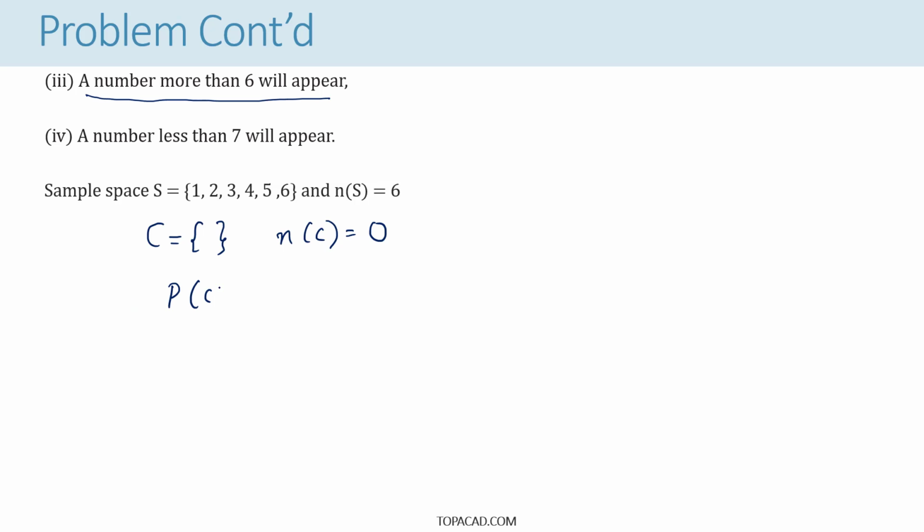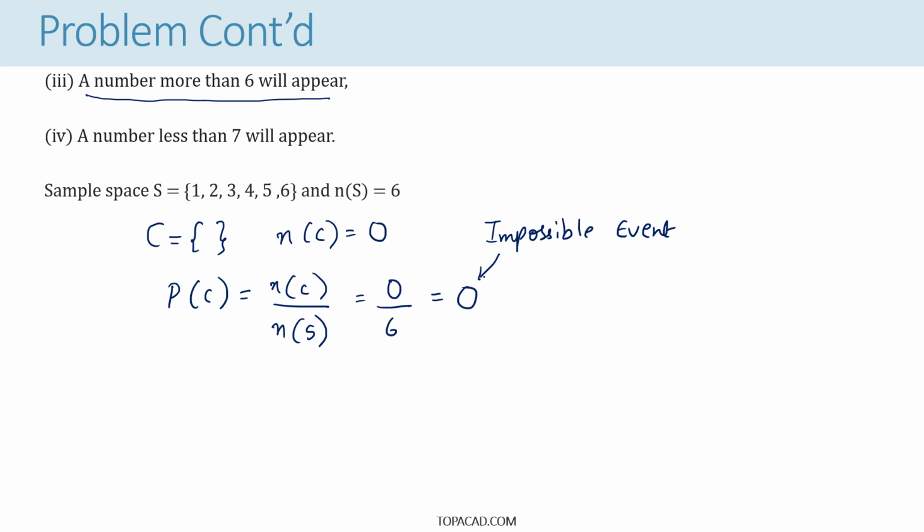So the probability of getting a number more than 6 is n of C by n of S, which is equal to 0 by 6, which is equal to 0. So here C is also known as an impossible event. When the probability of an event is 0, it means that event will never occur. That's why this is also called an impossible event.